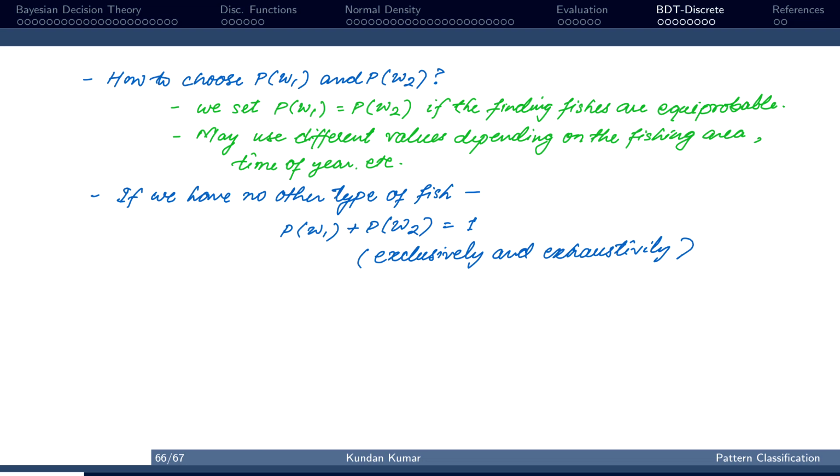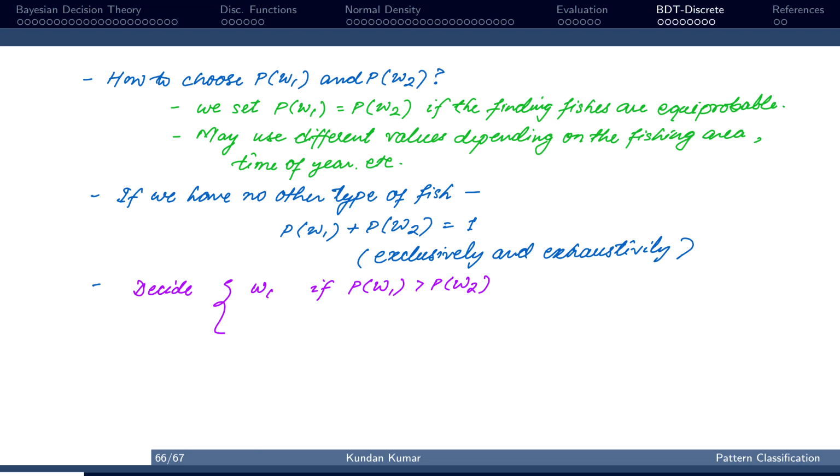And how can we make the decision? We have to decide class omega 1 if the prior probability of omega 1 is greater than the prior probability of omega 2.